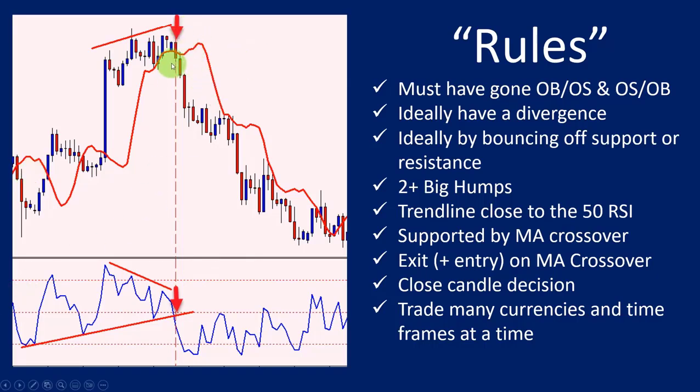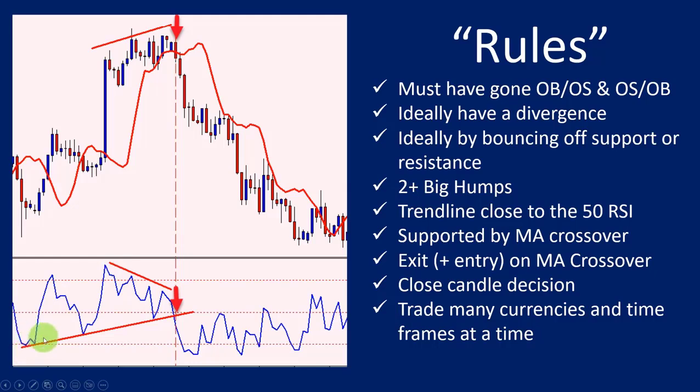So the first main signal really is that trend line violation, but there's a whole lot of other things that go before that. If you look at the RSI here, it went oversold, then overbought, then it didn't quite, but then it went overbought.